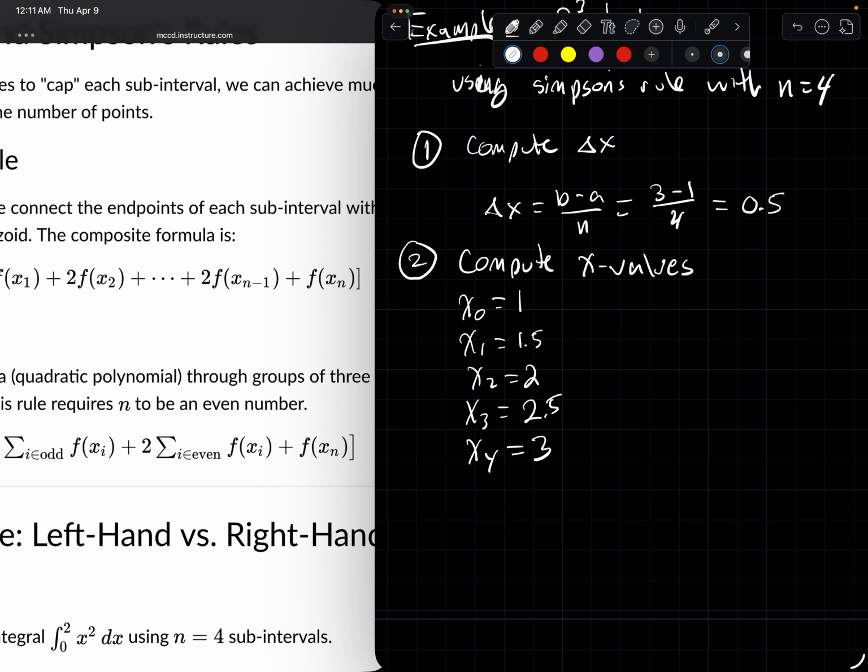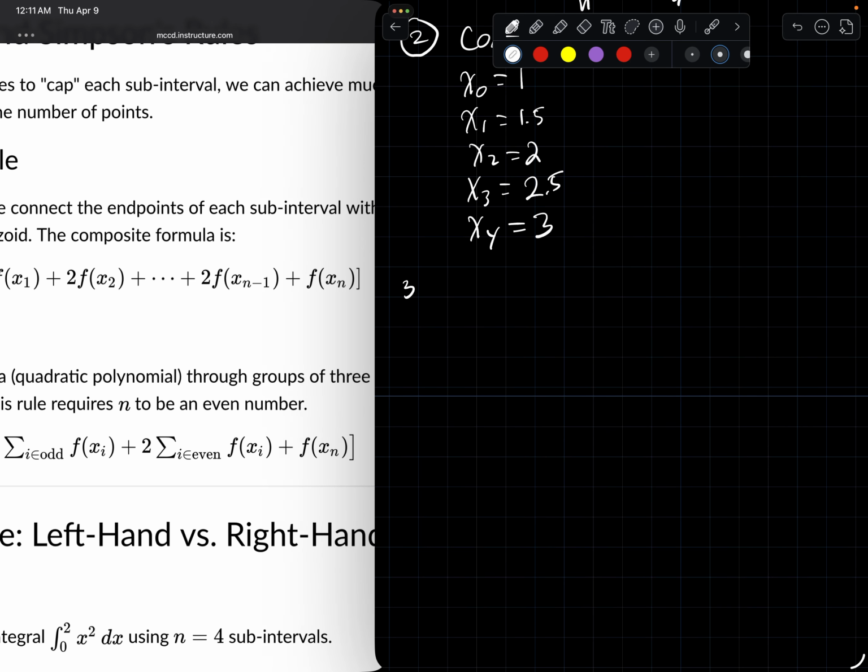There we go. And you can notice that the n here is 4, which is even. So we needed this even in order to be doing Simpson's rule. And now we can try to compute Simpson's rule.